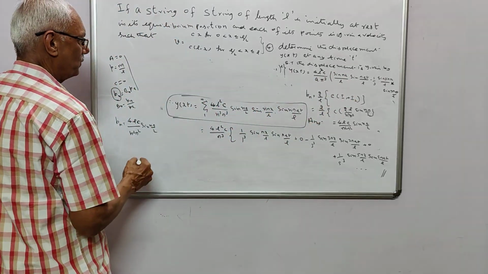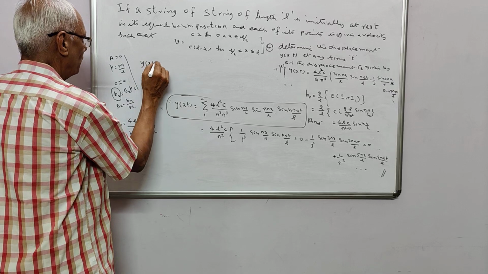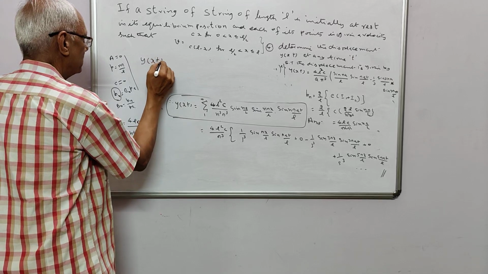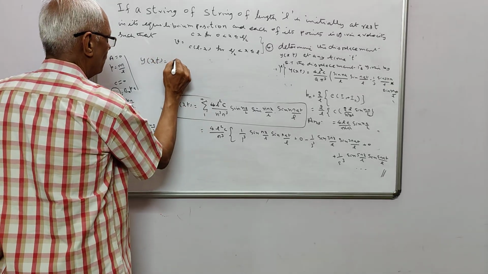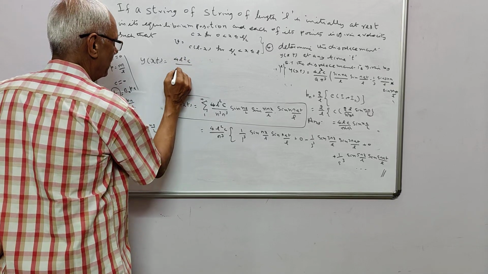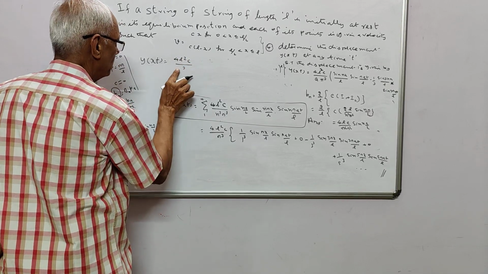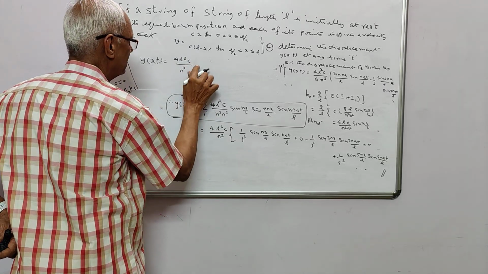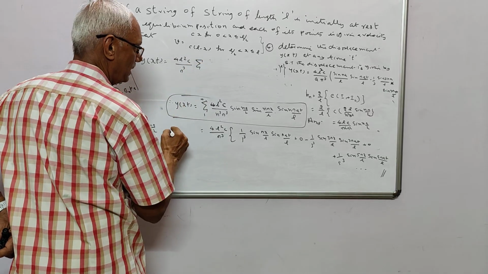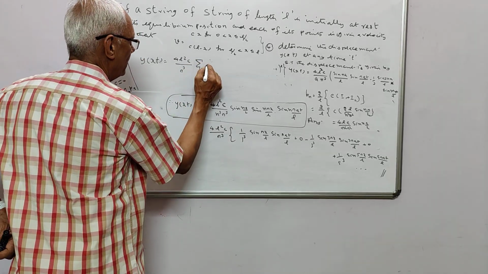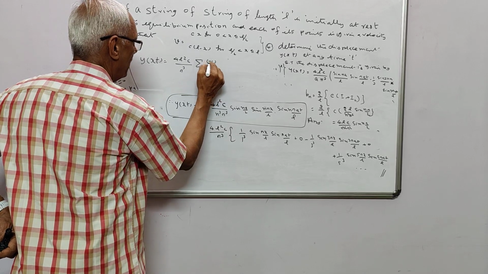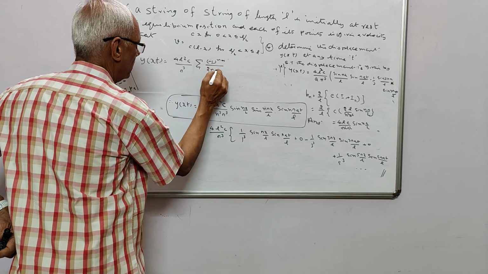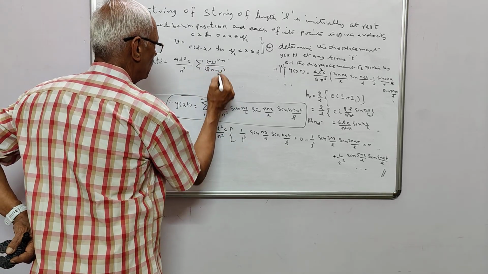So in another form, if you want to write y of x,t is equal to 4 L squared C by n cubed pi cubed into within bracket. See, I will write this as minus 1 to the power of n plus 1 divided by 2n minus 1 whole cubed.